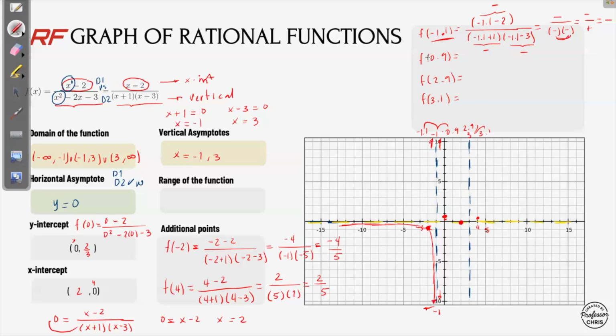So if you use -0.9 minus 2, let me make a bit of room here. And let's try to use a different color. So that would be -0.9 minus 2 divided by -0.9 plus 1 and -0.9 minus 3.